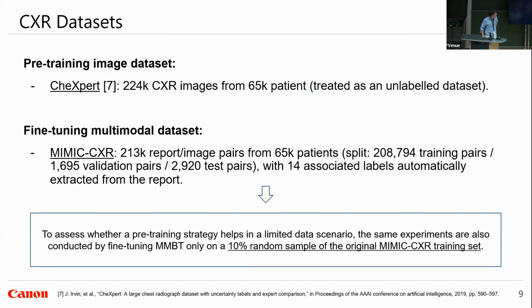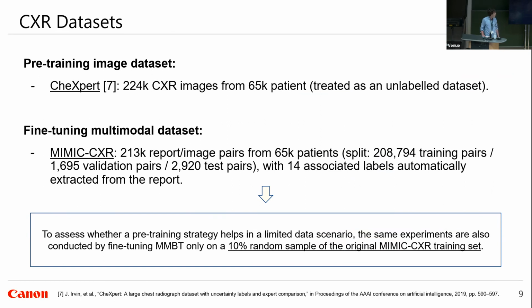And we consider two chest X-ray data sets. The first one is CheXpert, which contains roughly 200,000 chest X-ray images of 65,000 patients. And we treated it as an unlabeled data set, although it has labels.